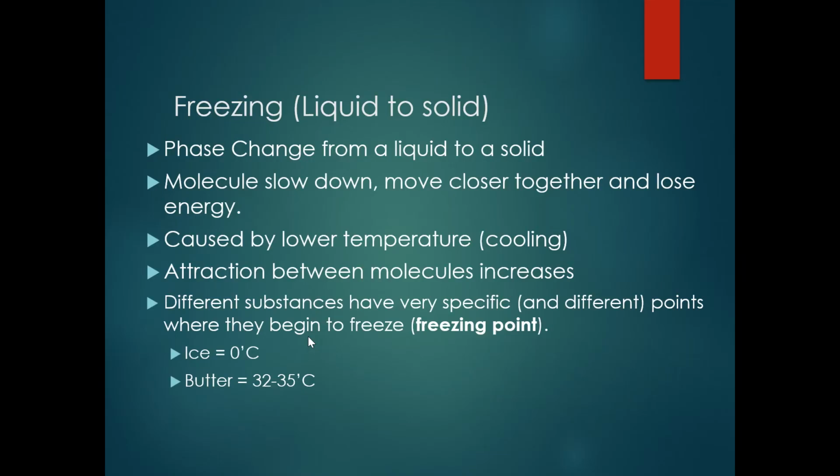And look at that, the same melting points are actually the freezing points also. So ice will go from a solid to a liquid at 0 degrees Celsius, but if you're removing heat, it will go from a liquid to a solid at the same temperature, 0 degrees Celsius, meaning the freezing point is equal to the melting point.